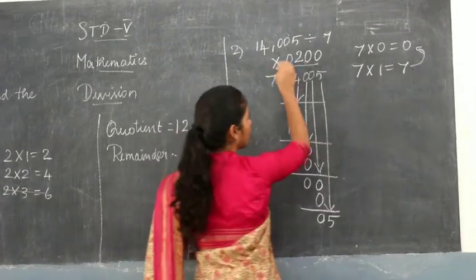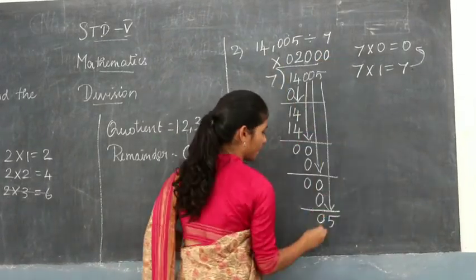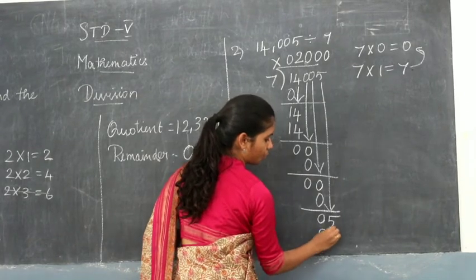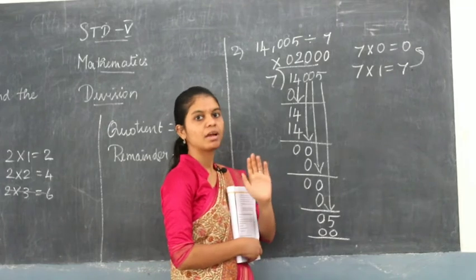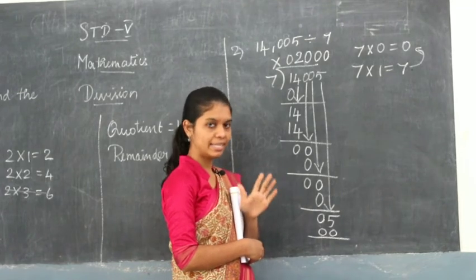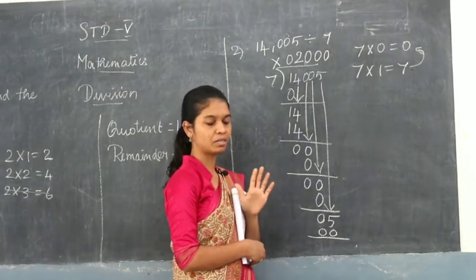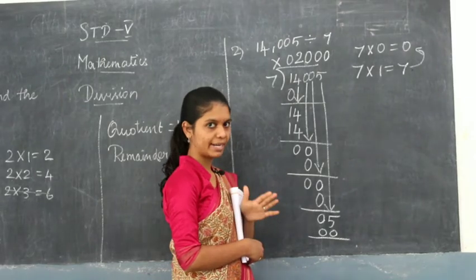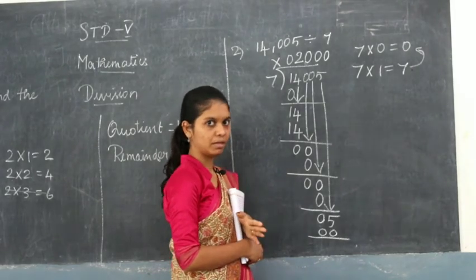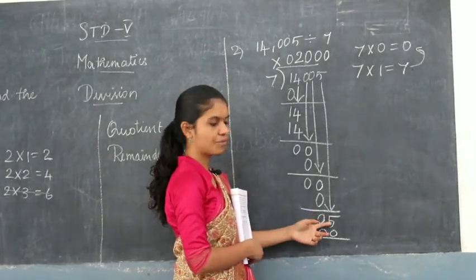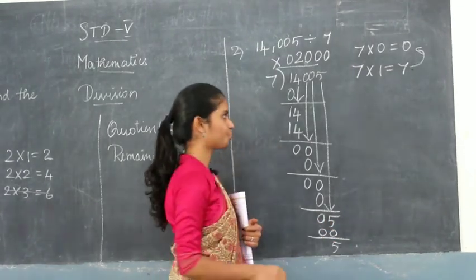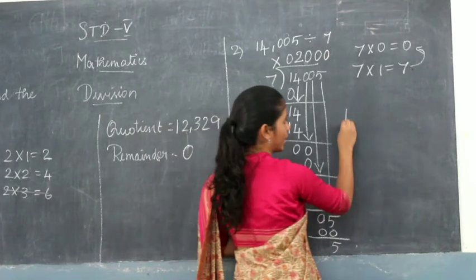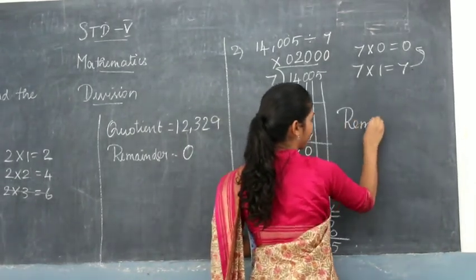So 7 multiplied with 0 gives you 0. Now you should subtract them. 5 minus 0: if you subtract 0 from any number, you will get the same number. So 5 minus 0 gives you 5 as it is. Now you can write the remainder.